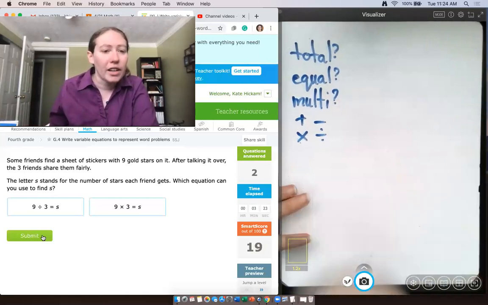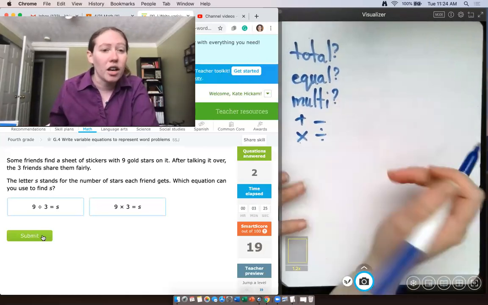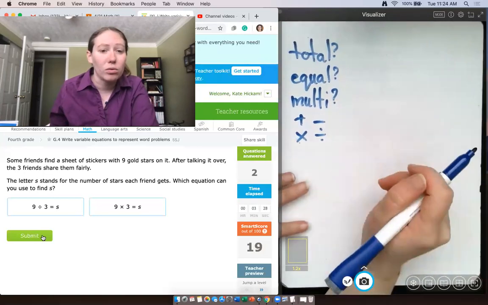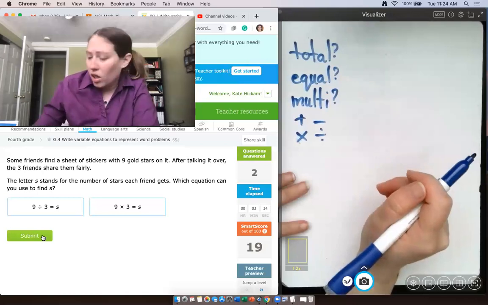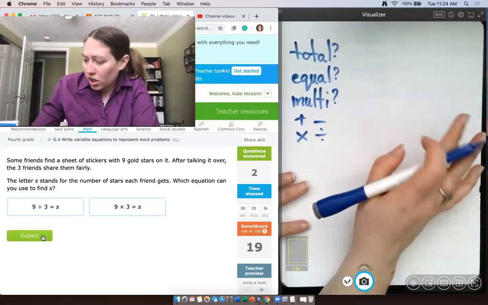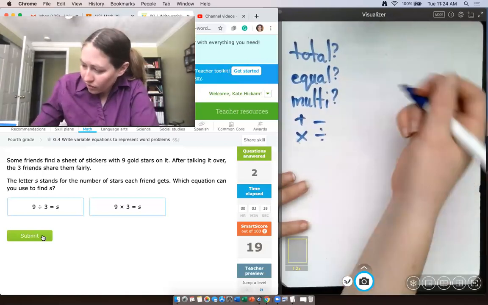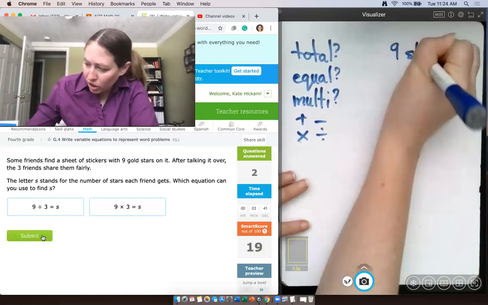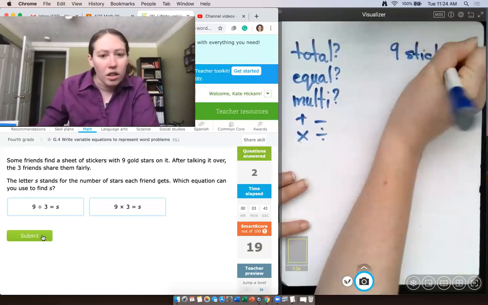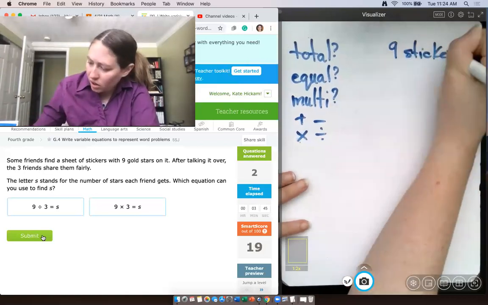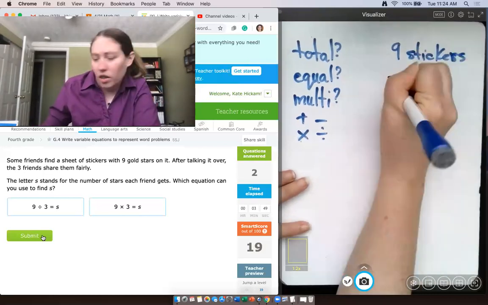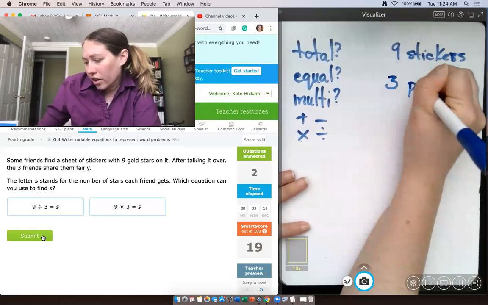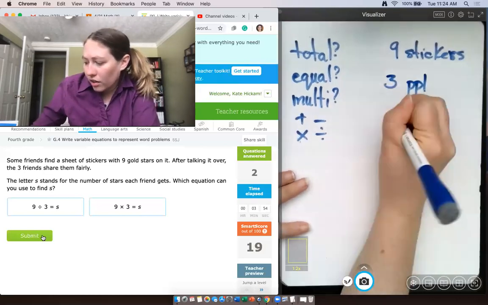So some friends find a sheet of stickers with 9 gold stars on it. After talking it over, they share the stickers evenly. So 9 stickers. 3 people share evenly.